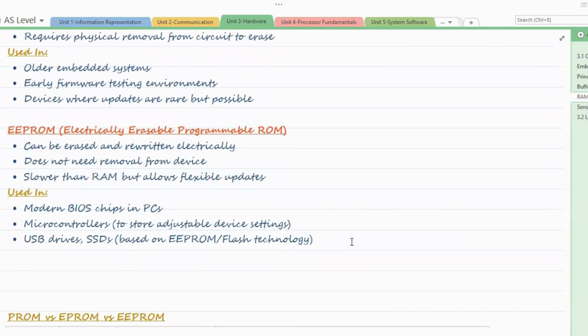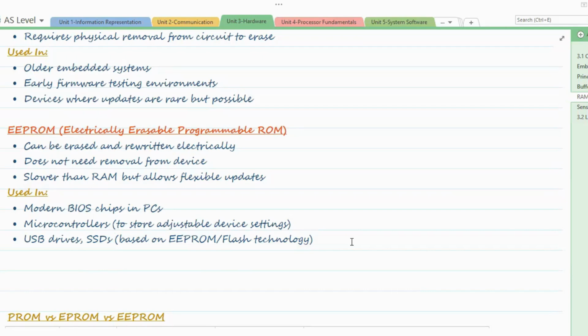We also have another type, which is EEPROM, which stands for Electrically Erasable Programmable Read-Only Memory. It can be erased and reprogrammed electrically. Unlike EPROM, no ultraviolet light is required and it is more flexible and convenient to use.